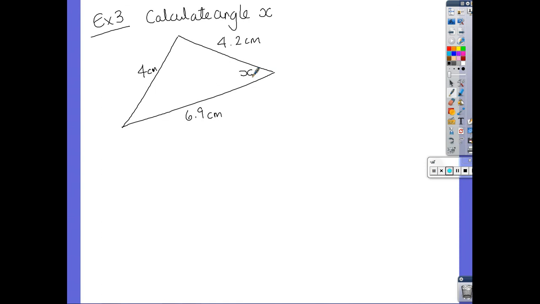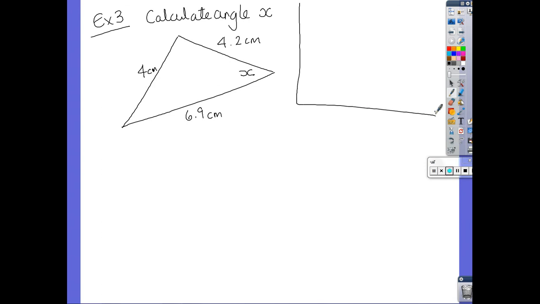Right, so again we need to label up our triangle, so angle A, B and C. Now like the sine rule, you can put A, B and C anywhere you like, but it would mean that you might have to rearrange your equation. So it might be beneficial to always make your angle of interest A.